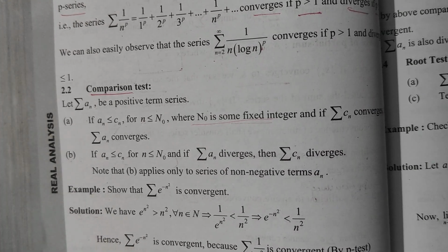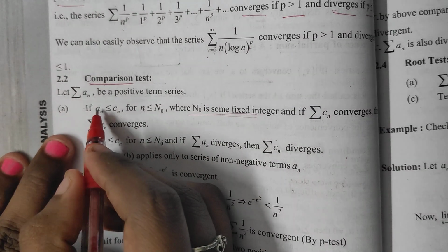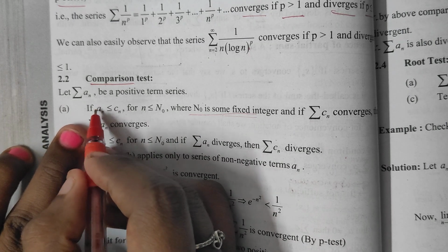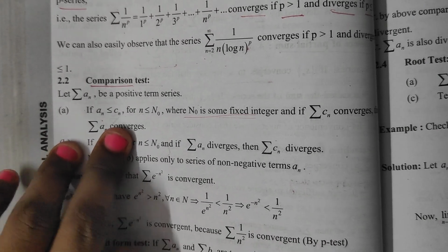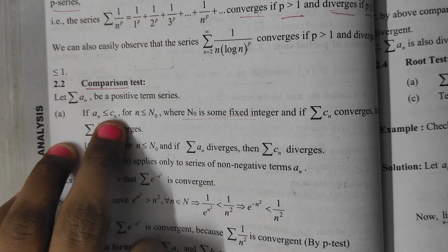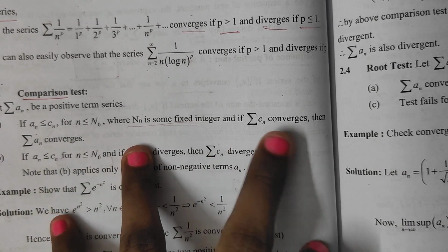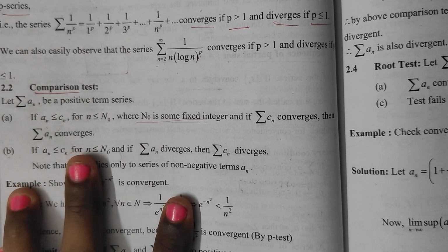Suppose one sequence is less than or equal to another sequence. If the series of cn converges, then automatically this series will converge.